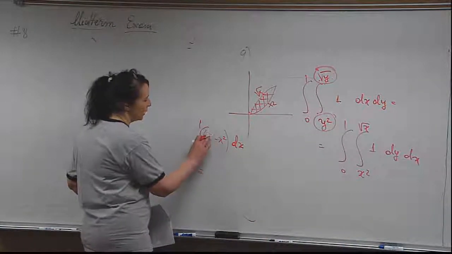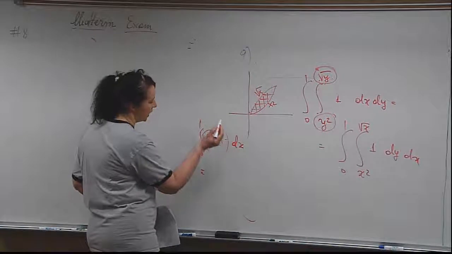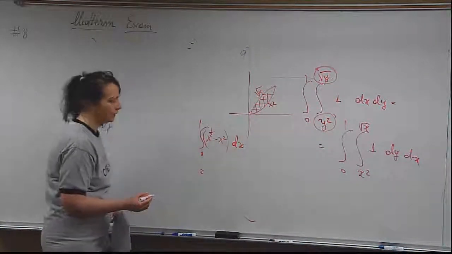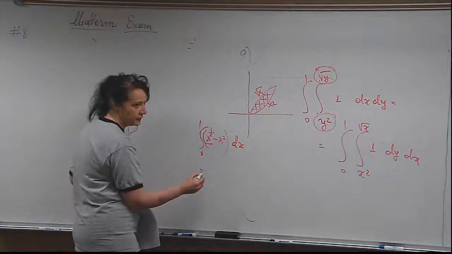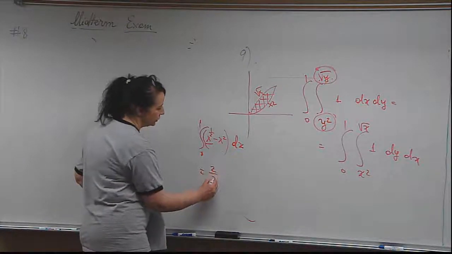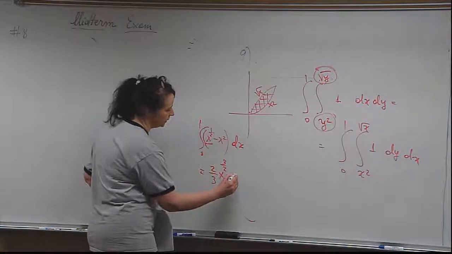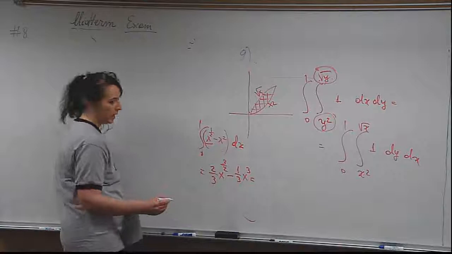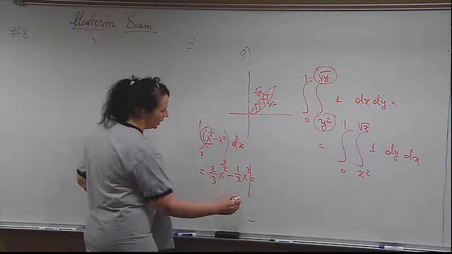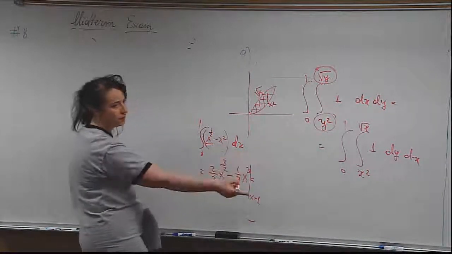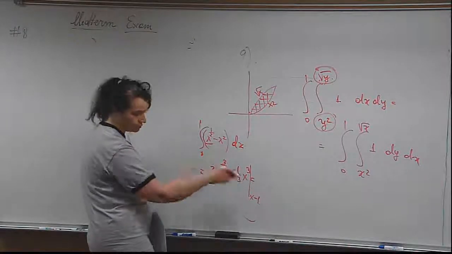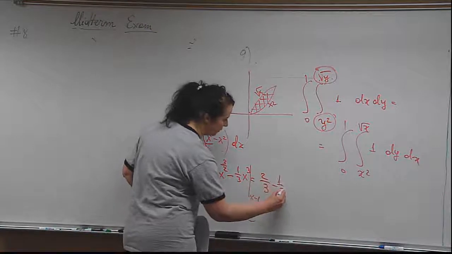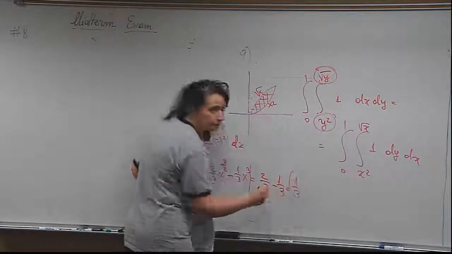In Calc 1, you learn that you have to integrate this and you get 2/3 x to the 3/2 minus 1/3 x cubed at x equals 1 minus whatever. You have a 0, but at 0 you have 0, so you say forget about it. And you have 2/3 minus 1/3 equals 1/3, then you're done.